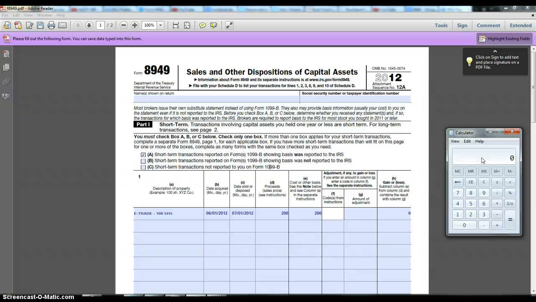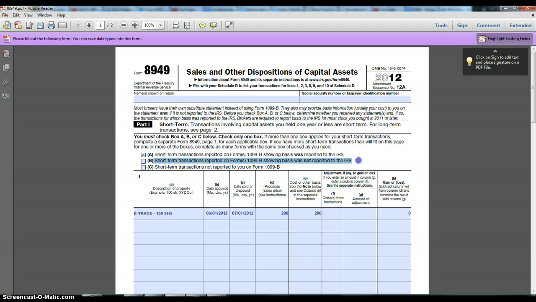Not entirely too sure of the validity of that, but the general idea is that the basis needs to be reported, or for the most part it will be. There shouldn't be too many where it's not. But the reason that you have this over here is so that you don't just say, I paid the exact same price that I sold it for and I recognize no gain.